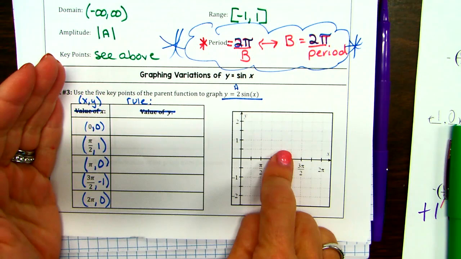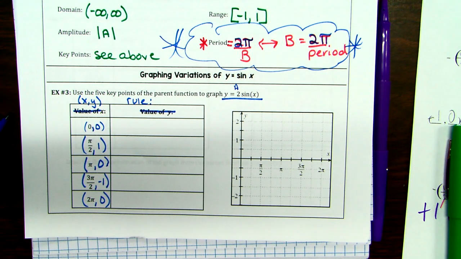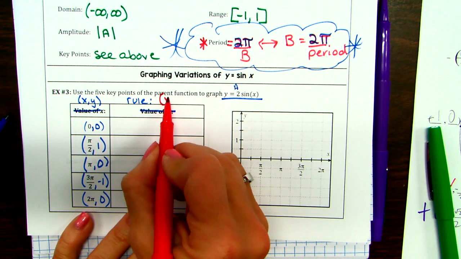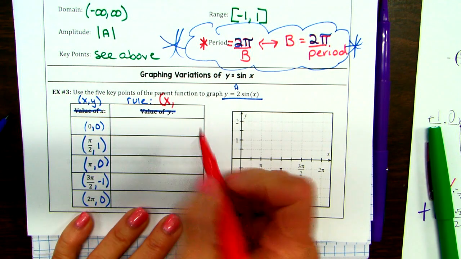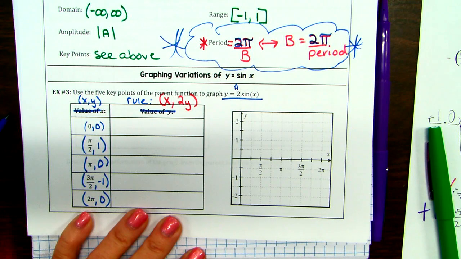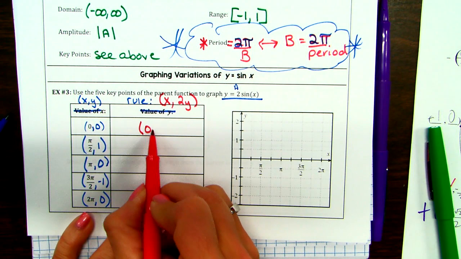To your points, if I stretch or shrink something, does it affect x or y? Y. Yes, Imelda, y. Think vertical. You do something vertically, that's the y value. So watch, our rule is we aren't doing anything to x, but we're going to stretch our y value by a factor of 2. And we just go through these points and we do that.